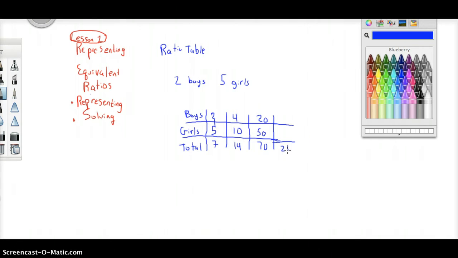I would have to figure out how many boys and girls that is. If I use this total column carefully, 7 times 3 gives me 21. So 5 times 3 gives me 15, and 2 times 3 gives me 6. So there's that certain combo that gives me 21 total students.